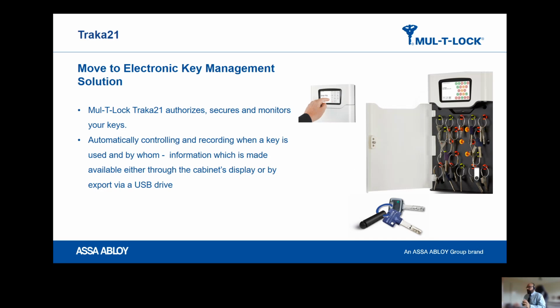And as soon as you type it, the door opens and you punch in the slot number that you want to take the key from. And when you press the button on that number, you can pull the key out and off you go. You can have access to whichever door the key bunch will have keys to. So this is what is a Tracker 21 unit and Tracker 21 offering.